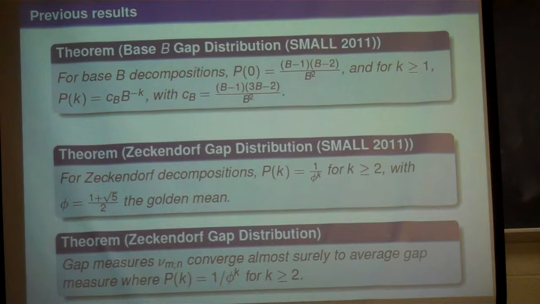Well, P(k) is 1 over phi to the k, for k greater than or equal to 2. There's also a theorem about the individual gap measures. If you pick an arbitrary string from [F_n, F_{n+1}) and pick a random gap from that string, it behaves very closely to picking a random gap from any string.